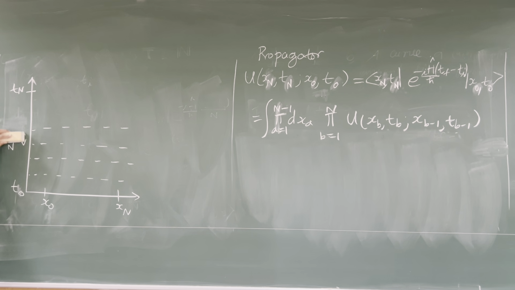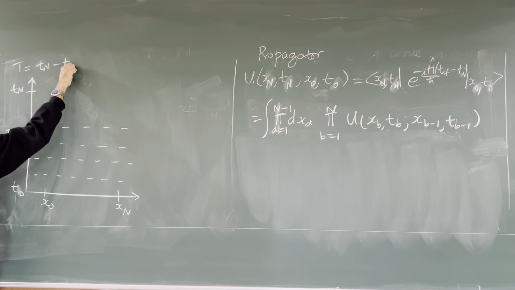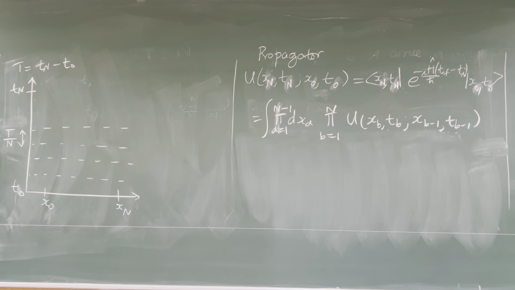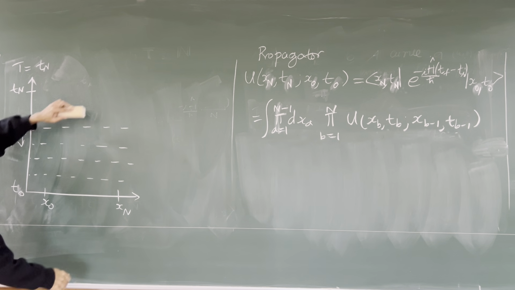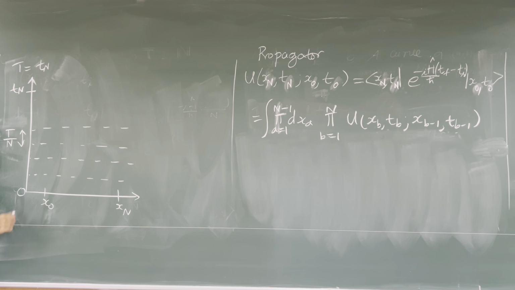In fact, I'll simplify it, I'll call it T by n, where T is equal to Tn minus T0. In fact, I'll even simplify it further. I'll just call T0 as 0. This is my choice.